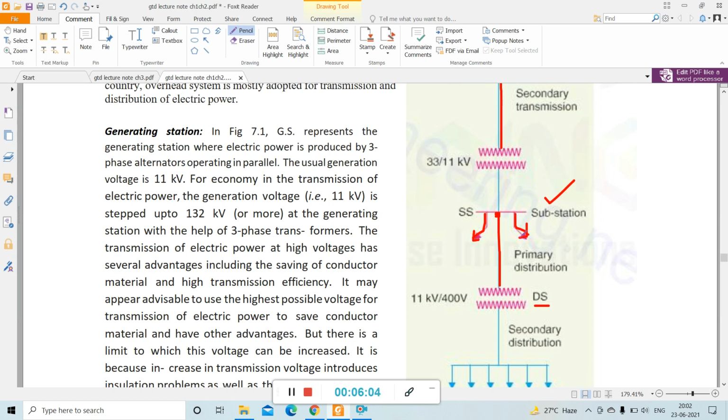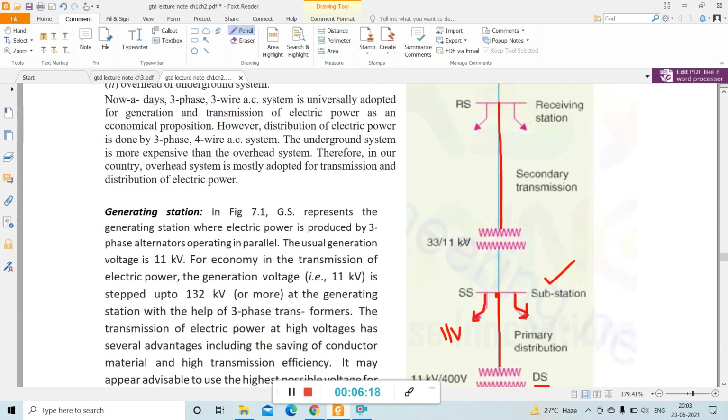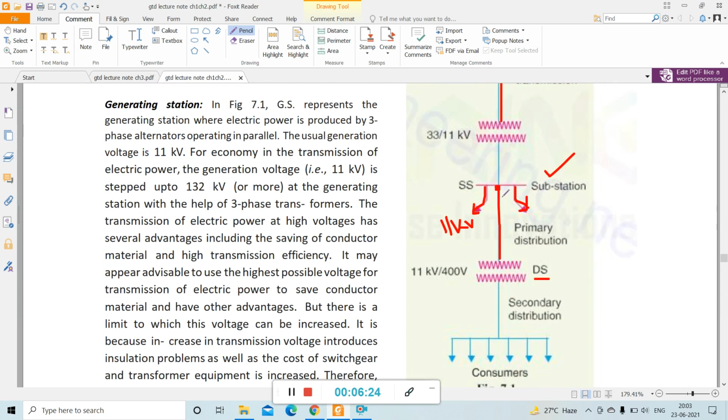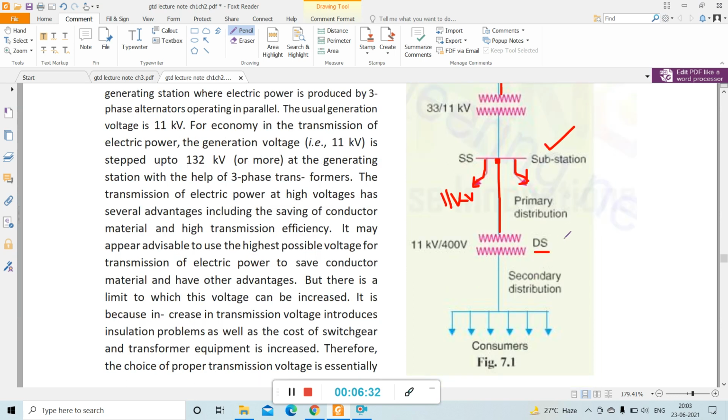So we can give supply to large buildings, hospitals, plants, wherever we need 11 kV. Here we can directly give supply of 11 kilovolt, and again for domestic purposes we need to step down this 11 kV to 400 volt. So now at the distribution substation this 11 kV is stepped down to 400 volt.